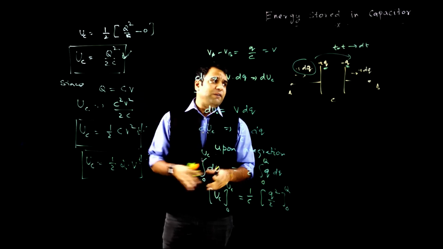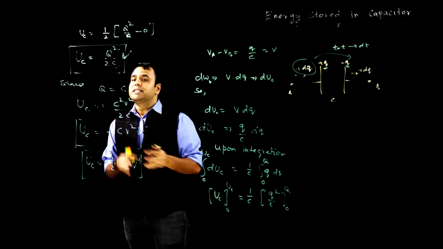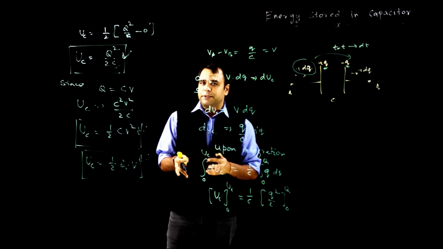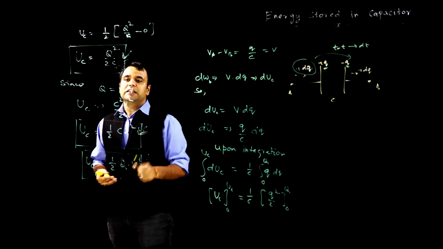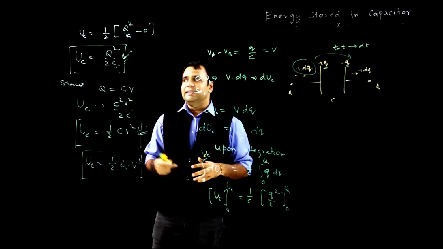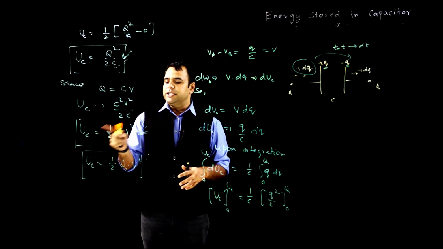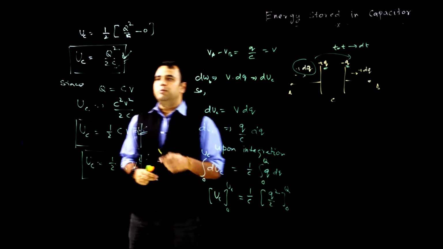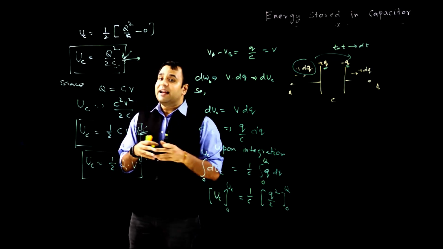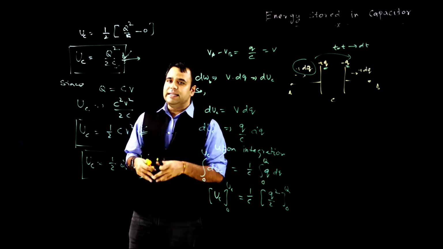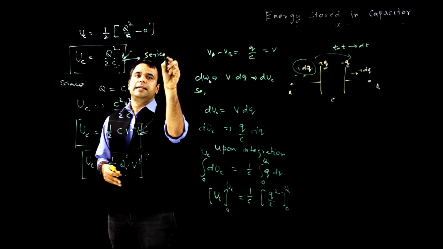The thing is, when we talk about a capacitor, its capacitance is a constant. Once you choose the capacitor, C becomes constant. So out of these 3 formulas, these 2 are the ones we generally use, because one is a formula for potential energy as a function of Q, and the other is a formula for potential energy as a function of V. To be more precise, when capacitors are in series, we use the Q formula for the series combination.